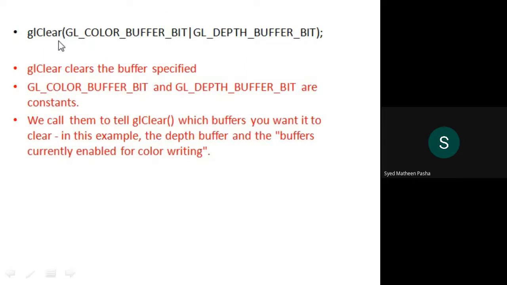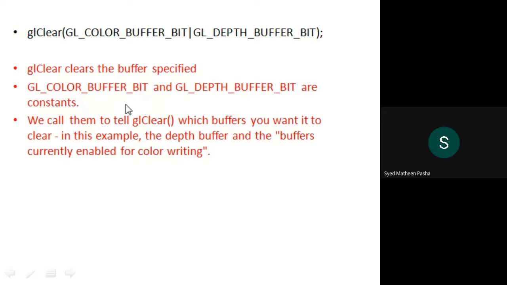Then what do GL_COLOR_BUFFER_BIT as well as GL_DEPTH_BUFFER_BIT tell? glClear basically clears the buffer which is specified, and these two parameters passed in the glClear function are actually constant throughout the program. Whenever this particular glClear is called, you are telling it to clear the buffer.